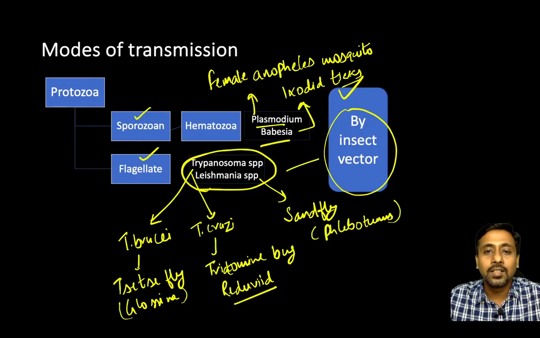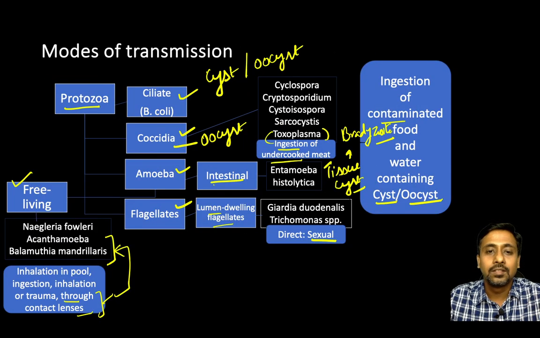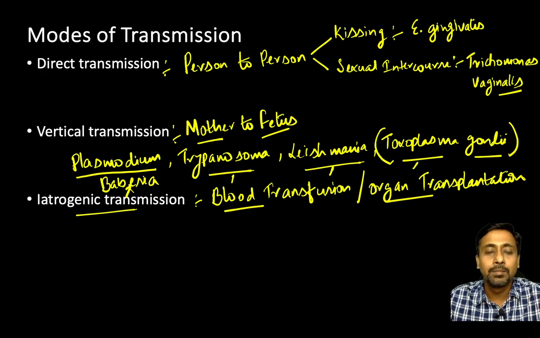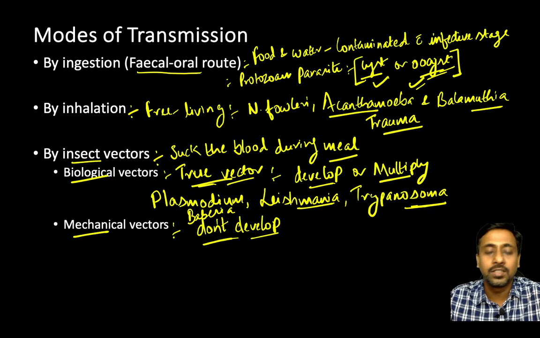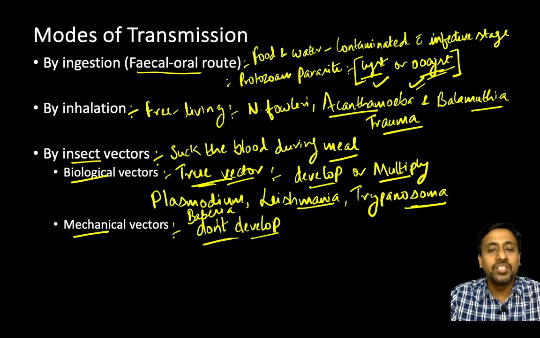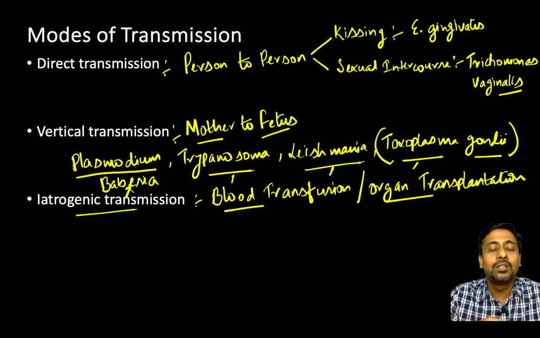So I believe it is very simple to remember the various modes of transmission. So just a quick recap. It can occur by ingestion, that is fecal route, by inhalation, which is particularly for the free living amoebas, through insect vector, which may be biological or mechanical, and then direct transmission, that is from person to person, either kissing or sexual intercourse, vertical transmission, that is from mother to fetus, and iatrogenic transmission.